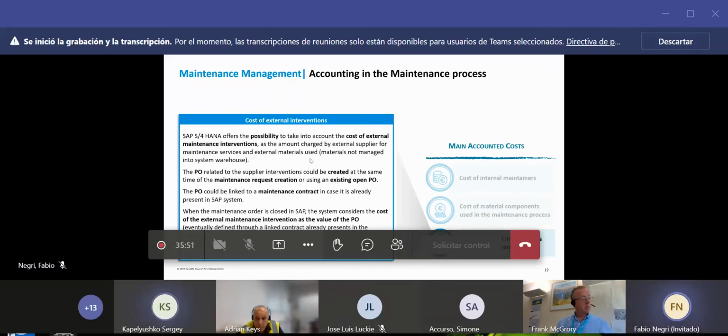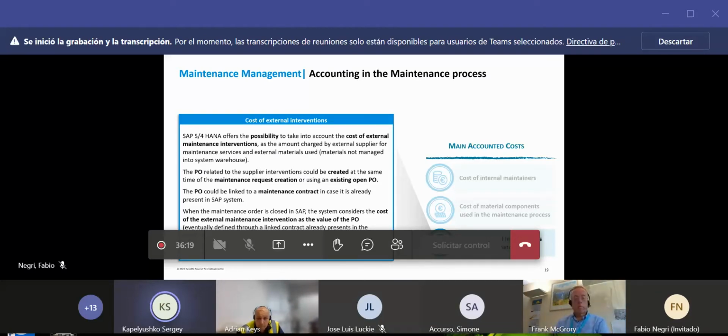The question from Sergey to Simone is, the idea is that we create the maintenance order in SAP starting from Iris, correct? Iris 4. Yes, exactly. Okay. So we book that PO against that maintenance order, with the information also of the cost center, I guess, of the order, or just the maintenance order.